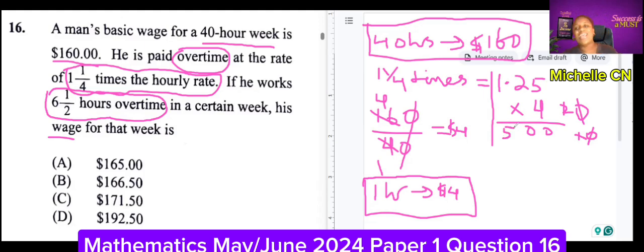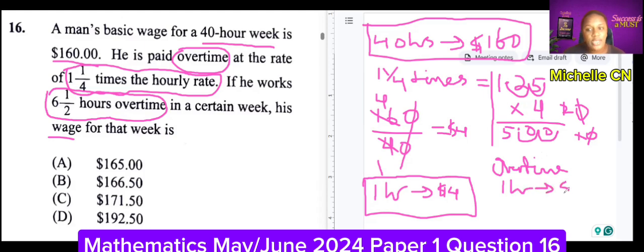Because this number has a decimal 2 places in, the answer must also have the decimal point 2 places in. So the hourly pay for overtime, 1 hour in overtime, will be $5.